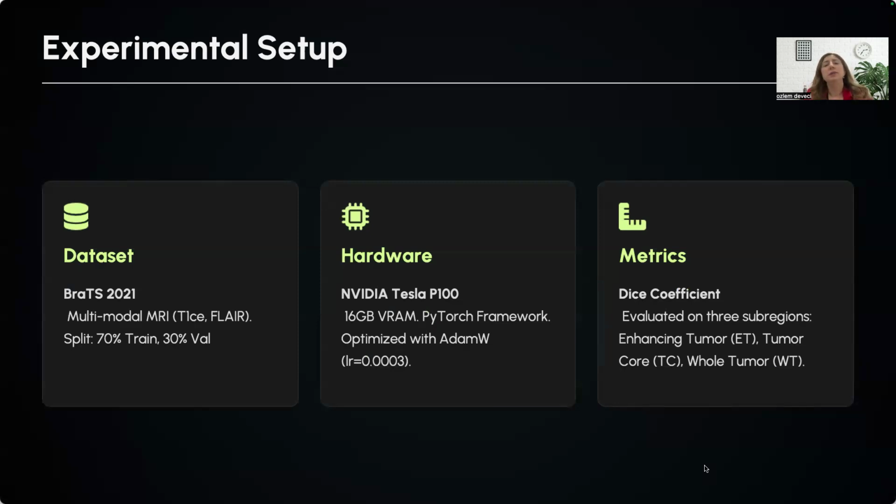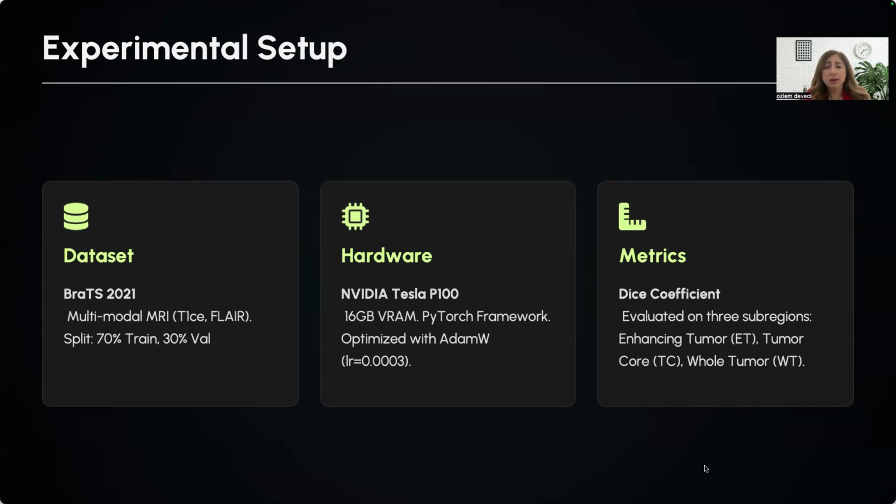For my experimental setup, I used the BraTS 2021 dataset with a 70-30 training validation split. The implementation was done in PyTorch on an NVIDIA Tesla P100 GPU with 16 GB of VRAM.